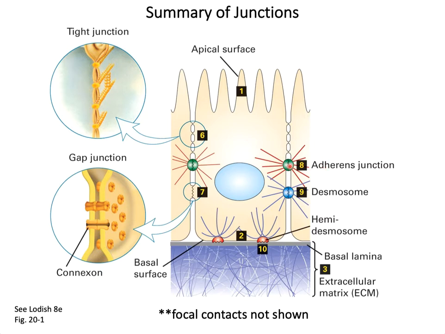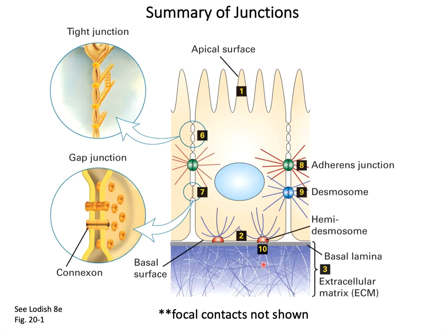You can often visualize desmosomes, which are intermediate filament-based junctions, as number 9. And at the bottom of this epithelial layer, you can see the cell interacting with the extracellular matrix, which is number 3. Shown in number 10 is a hemidesmosome, which is an intermediate filament-based cell-matrix junction.